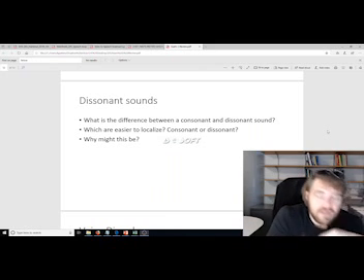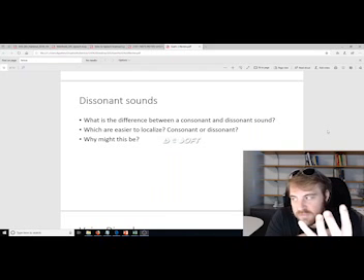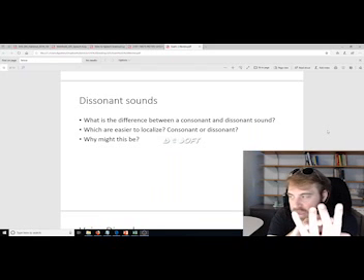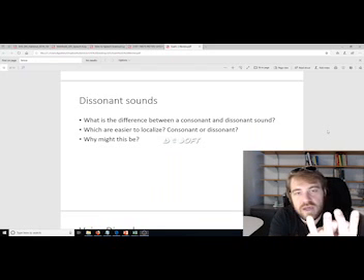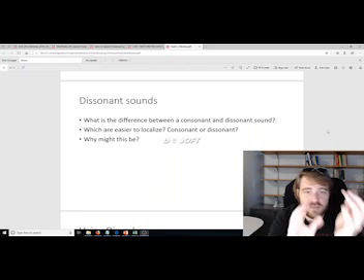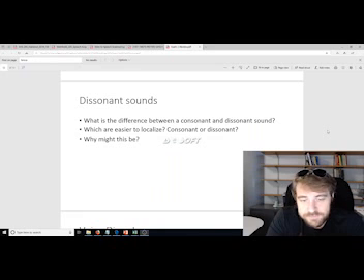A dissonant sound is going to have not evenly spaced harmonics, so maybe something more like that. And then also the valleys aren't going to be as deep because there's a lot of off-harmonic noise inside that signal. So it sounds generally less clean.